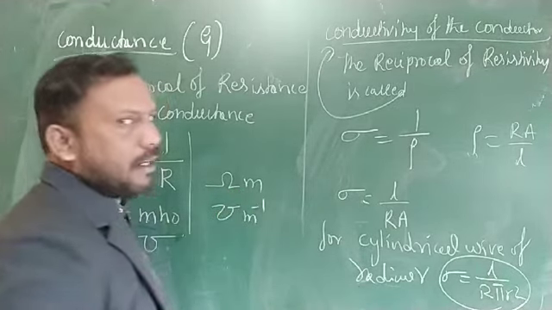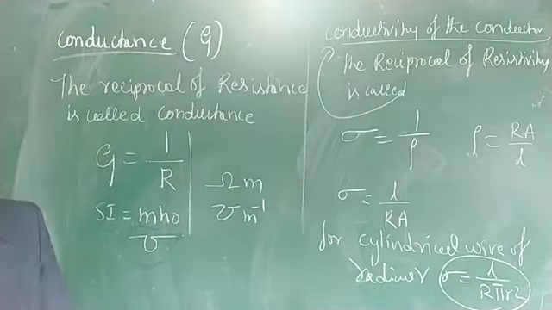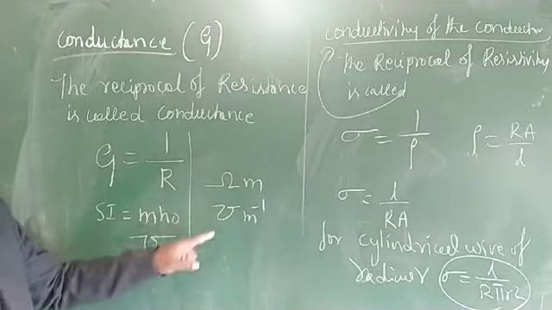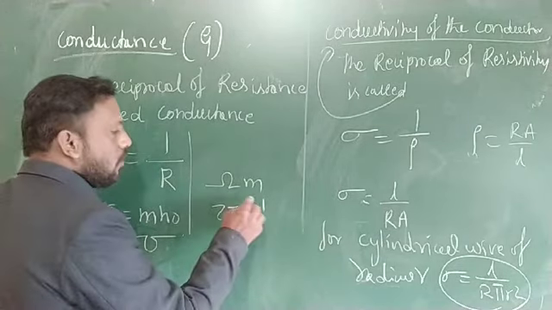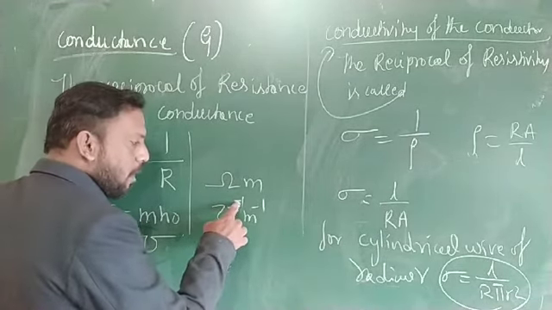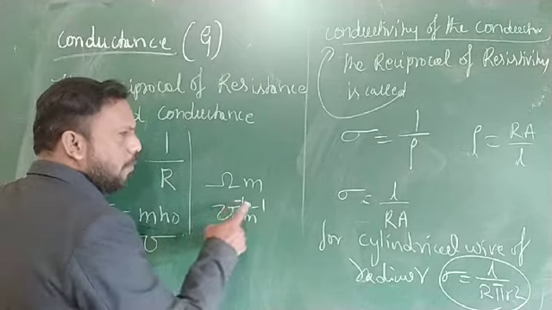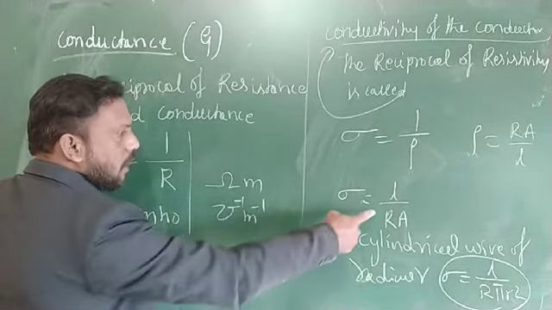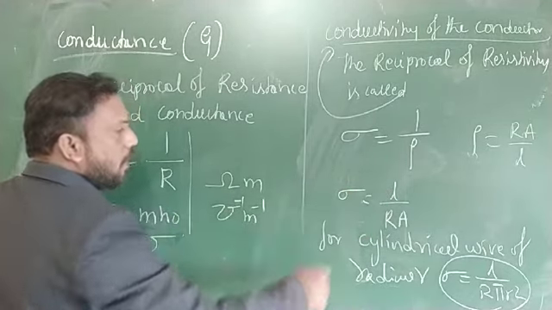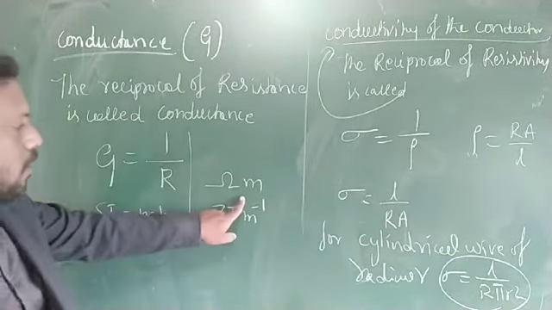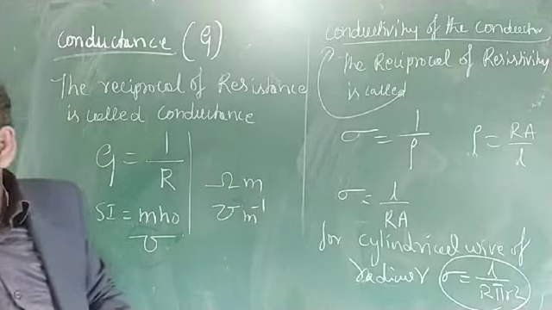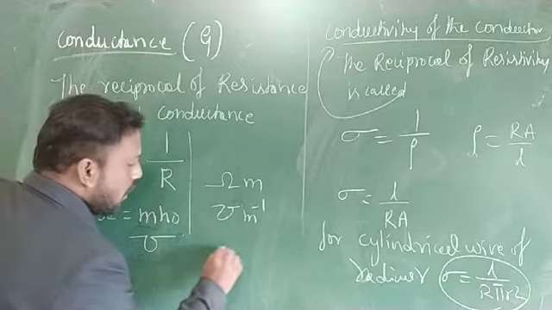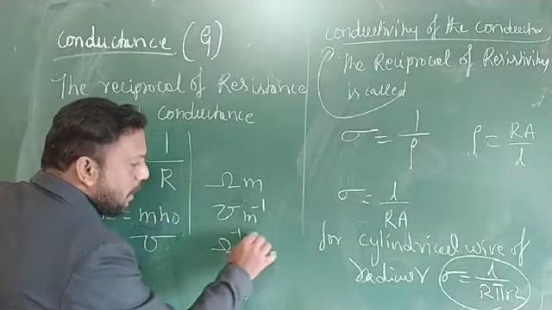The SI unit of resistivity is ohm meter, and the SI unit of conductivity is mho per meter. That can be written as 1 over R, which is mho per meter.